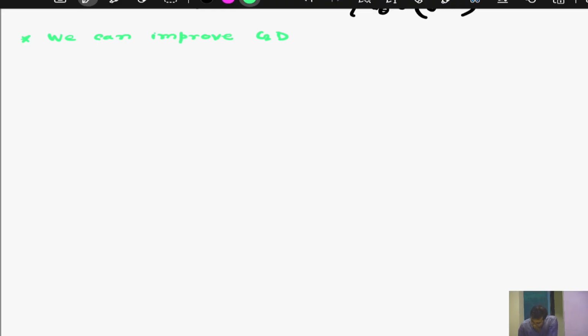We can improve gradient descent by, so the first thing was why eta should be constant, right? That was the first point that was raised. So eta need not be constant. Somehow eta should be able to change not only in direction but also at epoch, right?